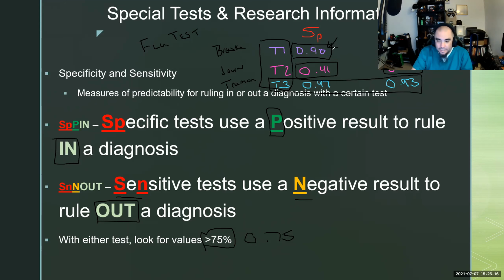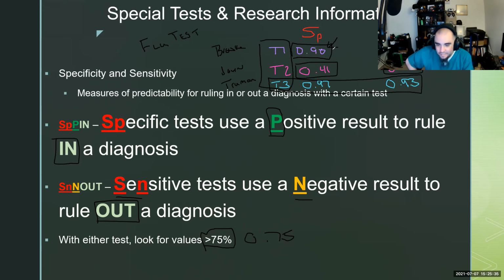The TB test is kind of specific, right? But it's more sensitive. If you get a negative TB test, you're negative for TB.